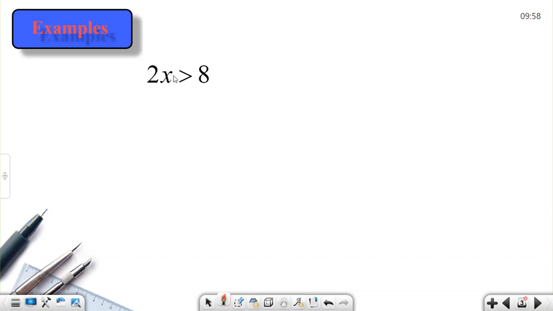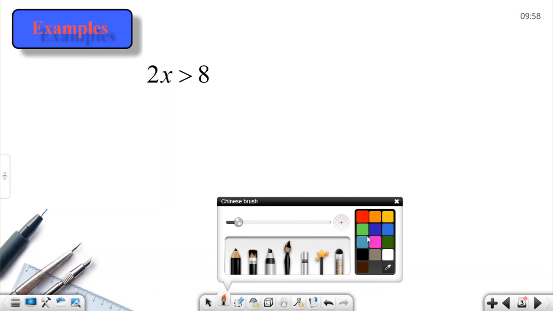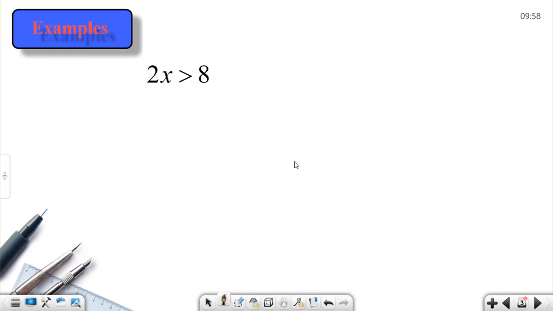As you see, there is an inequality. 2 times a number must be greater than 8. So there are lots of numbers, infinite numbers, in the solution set for this inequality. But what is it? Let's find it. That's one term. There's a coefficient, so 2 multiplied by x.